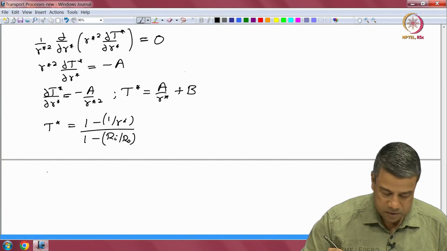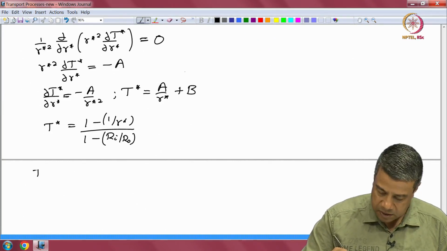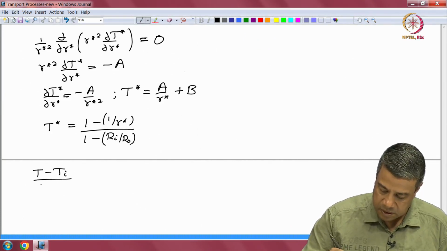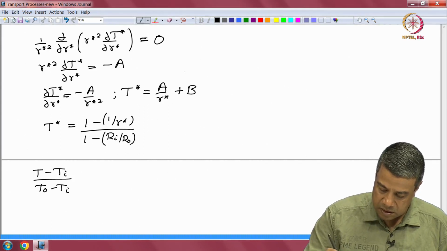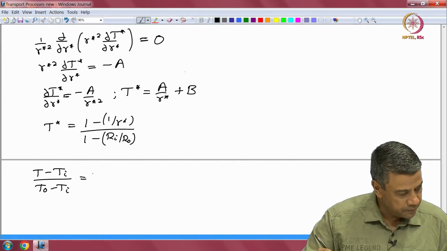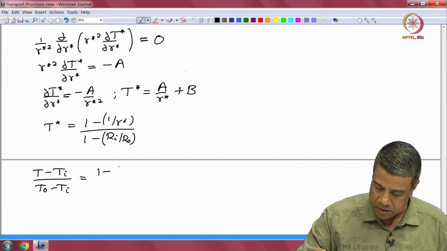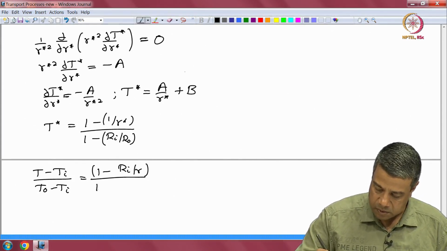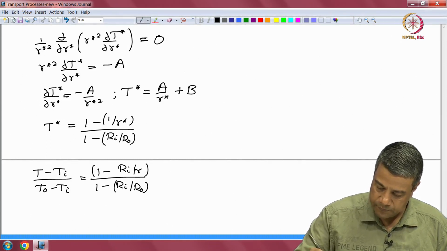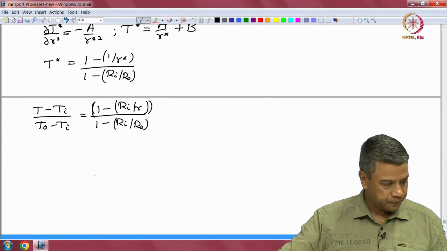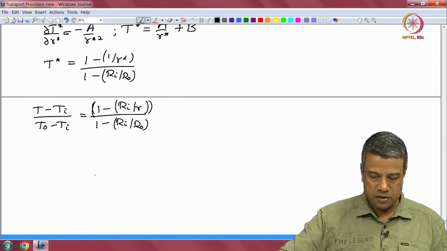Or to go back to unscaled coordinates, I will get T minus T I by T O minus T I is equal to 1 minus r I by r by 1 minus r I by r O. So, there is the temperature field.